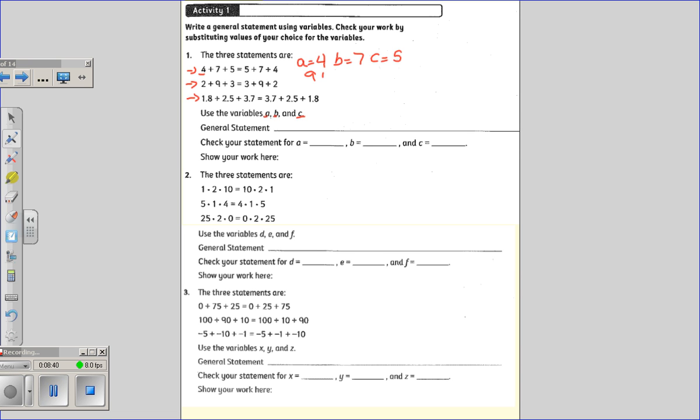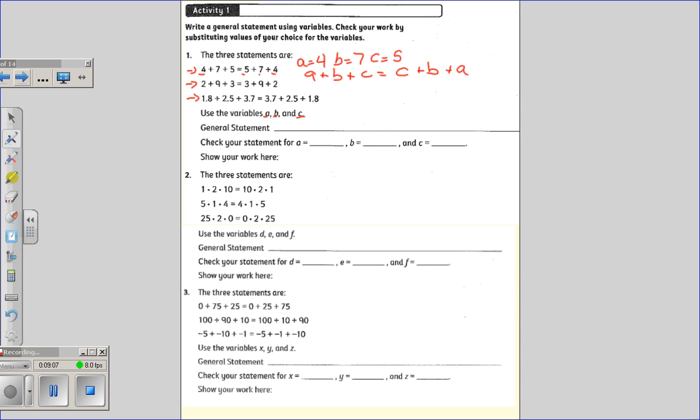So A plus B plus C equals, well, 5 equals C, so I'm going to put C next. 7 equals B, so that's going to come next. And 4 equals A. So my general statement for the first one is A plus B plus C equals C plus B plus A.